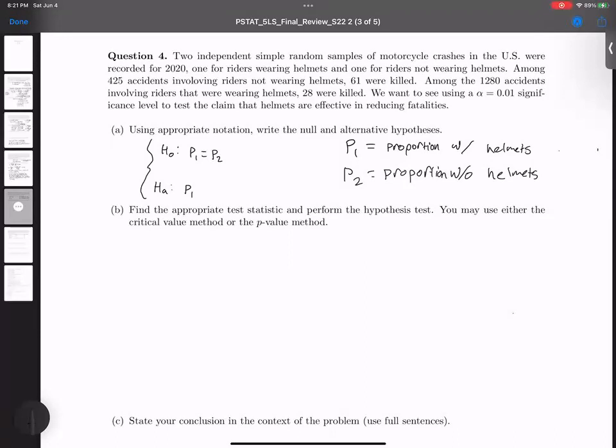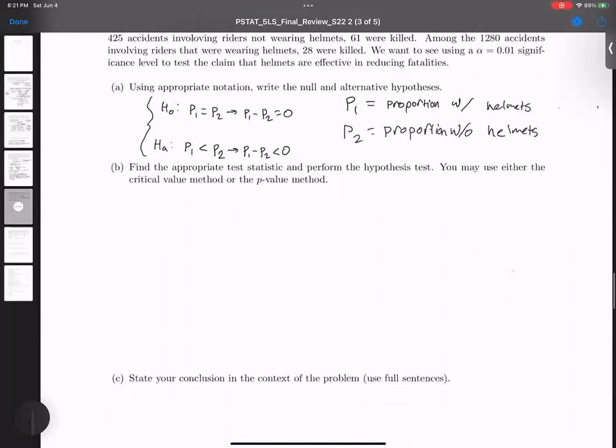So that means P1 is less than P2. The proportion with helmets is less than the proportion without helmets. And if you want, you can rewrite these as P1 minus P2 equals 0, and P1 minus P2 is less than 0.